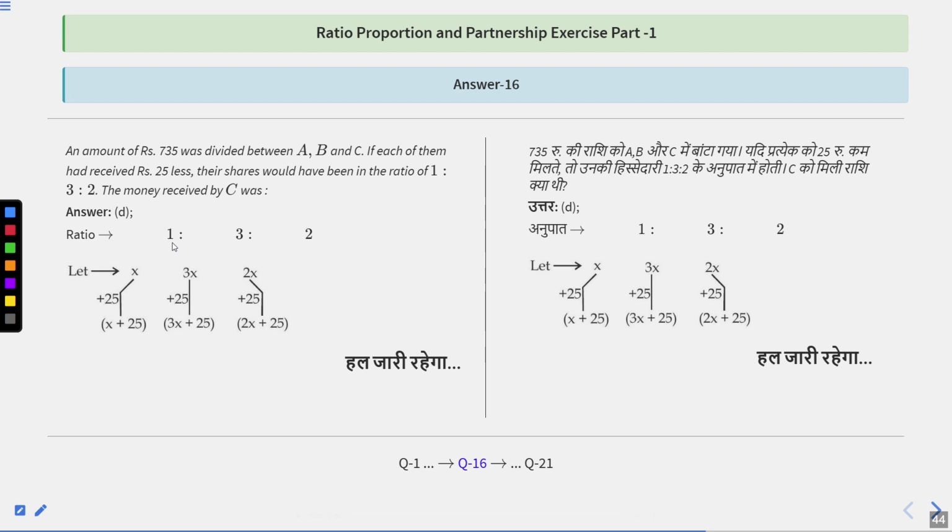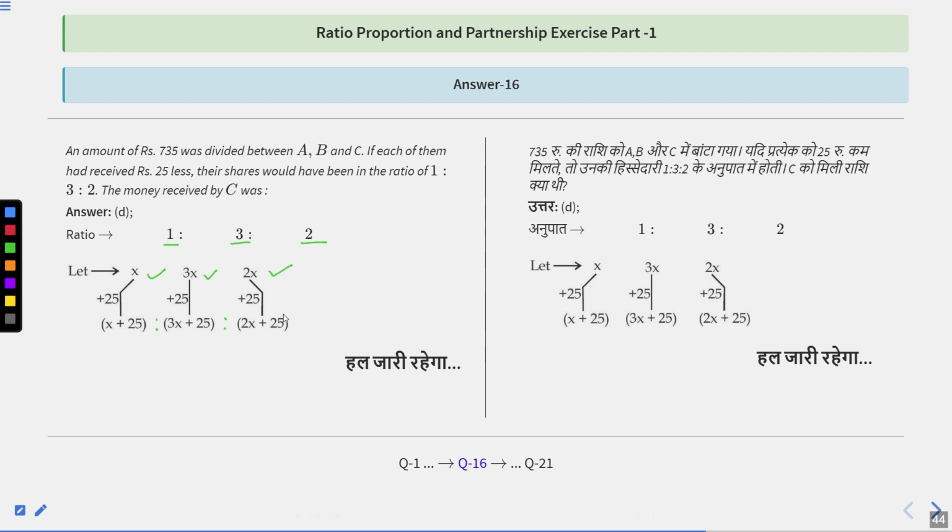The question says that the ratio of A, B, C after subtracting 25 is 1:3:2. So we can say that the shares are x, 3x and 2x. Now if we add the 25 to all these three, they become x + 25, 3x + 25, 2x + 25.